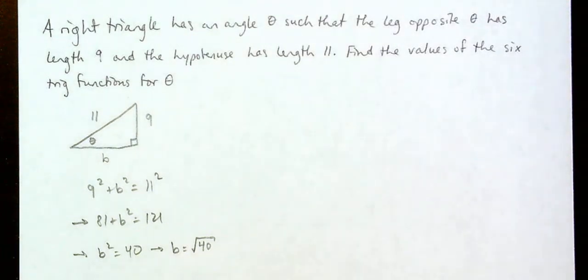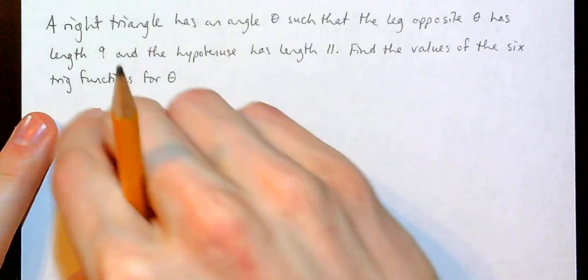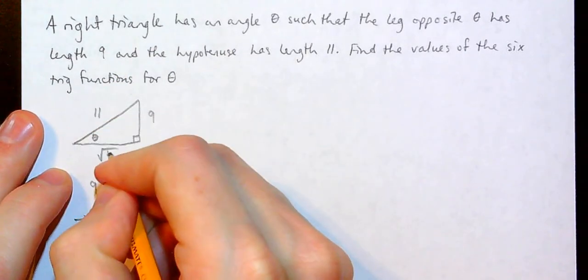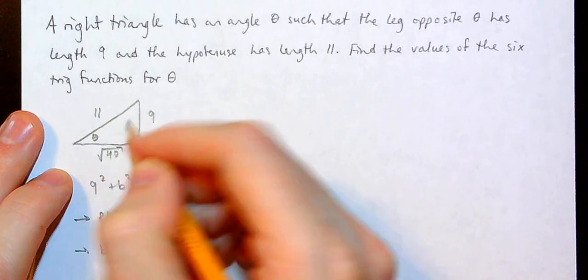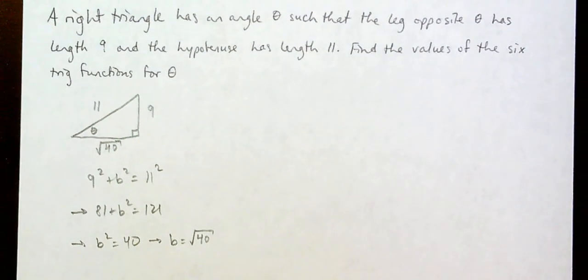Obviously, we're going with the positive square root because we're talking lengths here, and lengths are never negative. So now I can substitute this value back in. And now I can write the values of my 6 trig functions for this angle theta here.